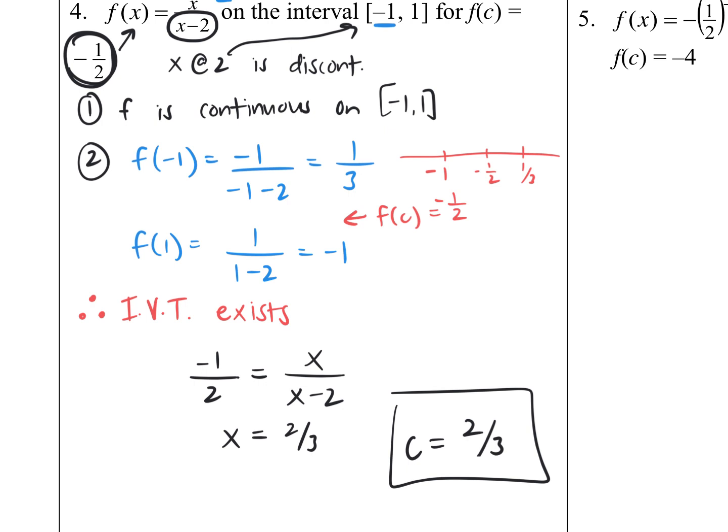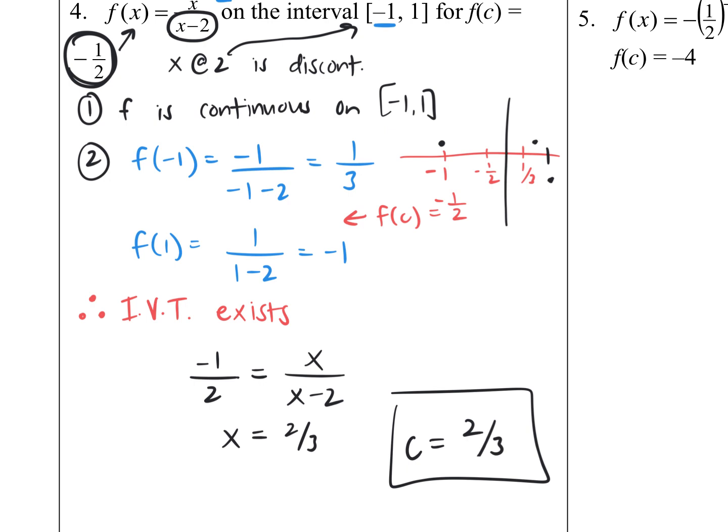So if this was actually a graph here, pretend there's a line there, right? At -1, our function is at 1/3. At +1, our function is at -1. And then at 2/3, my function is at 1/2, right?